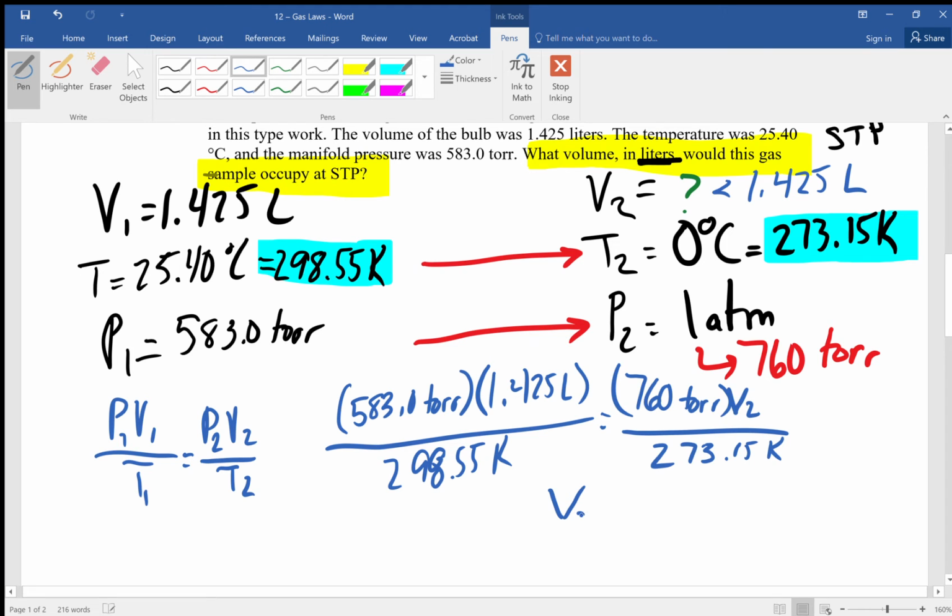And we get a value of V2 is equal to 1 liter. So as we expected, it has gone down.